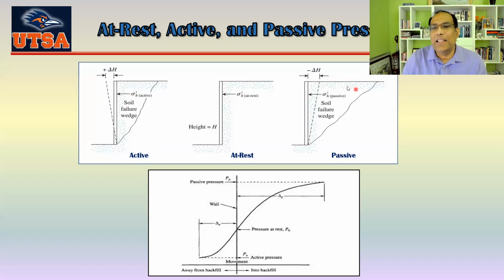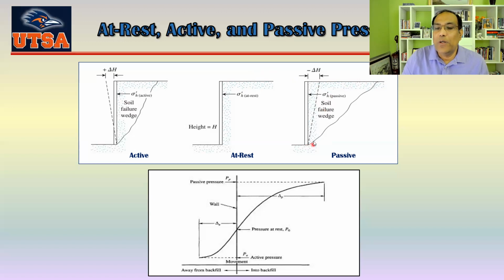On the other hand, in this figure, you can see, because of the movement of any traffic or something, let's say this is a wall or abutment along a bridge, and traffic is moving in this direction, which will try to move this wall inward to the soil wedge.